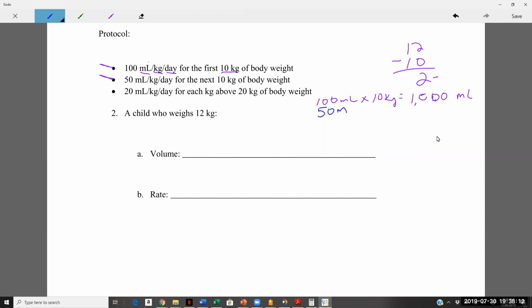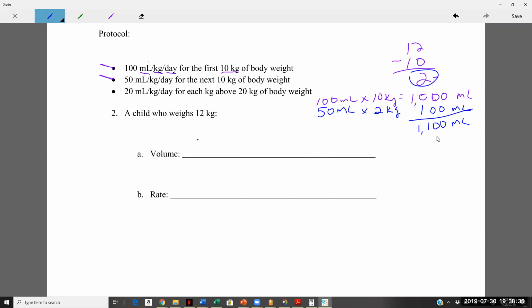And I have 2 kilograms left of my patient's weight. That gives me an additional 100 milliliters. So my total is 1,100 milliliters for the day for this particular patient weighing 12 kilograms.